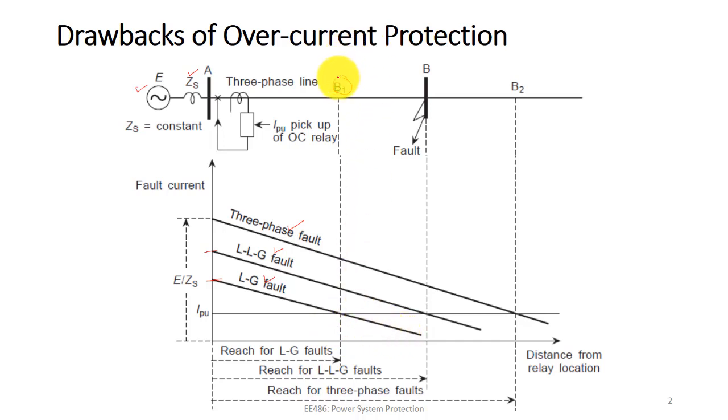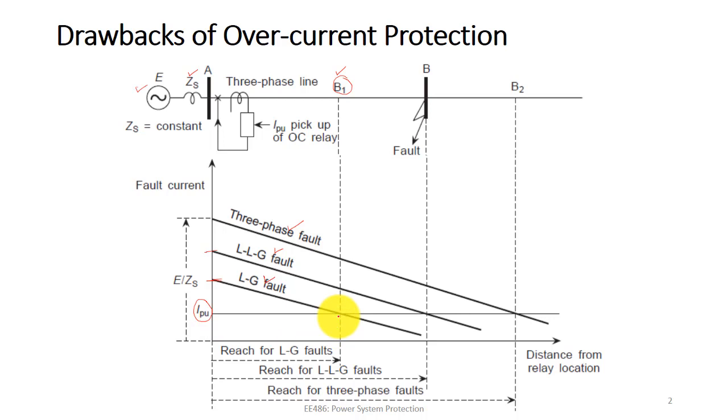Therefore it is called the reach of the relay. So the reach of the relay for the LG fault will be up to B1, which means after B1 it will not pick up, if we set the pickup current at IPU.